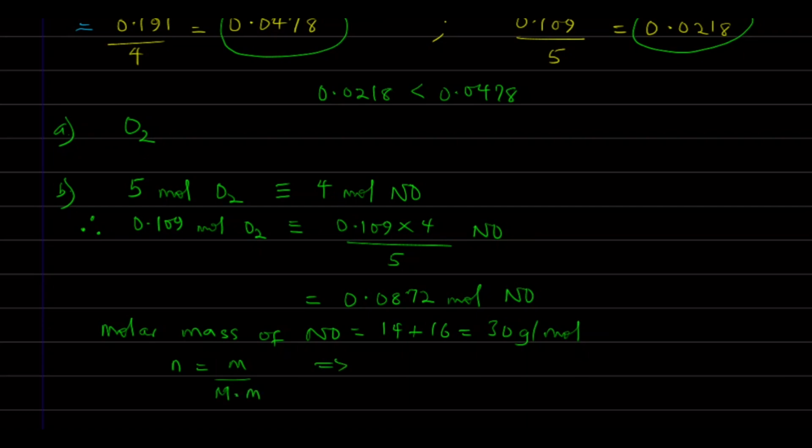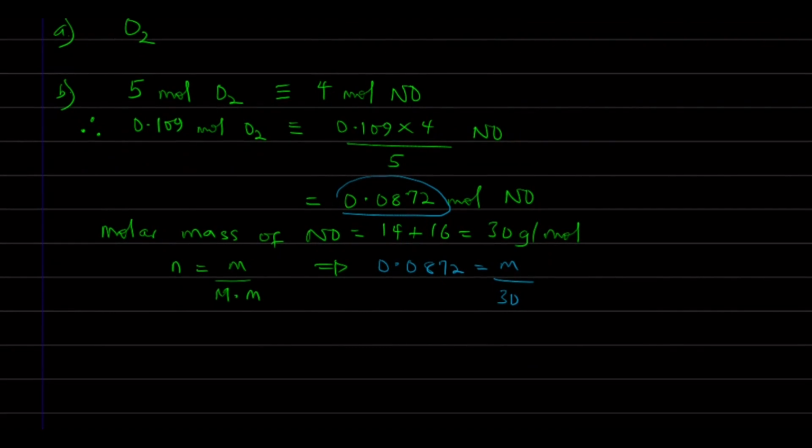So the number of mole calculated for NO, 0.0872, equals mass over the molar mass of NO, which is 30. We must multiply, and the mass of NO in grams is going to be 2.62 gram. Now we have calculated the B part by using the limiting reagent.